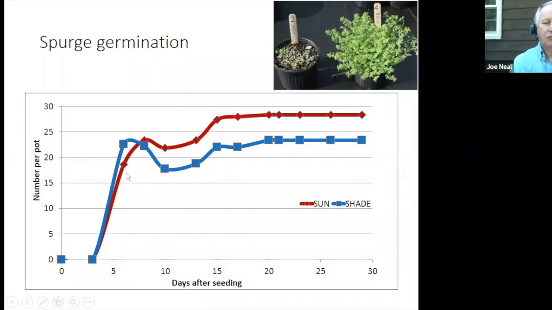Essentially, this represents about 80% of the potential seed germination occurring in less than a week. And it didn't seem to matter whether it was in the shady area or in full sun, we still got rapid germination in less than a week for our spurge.